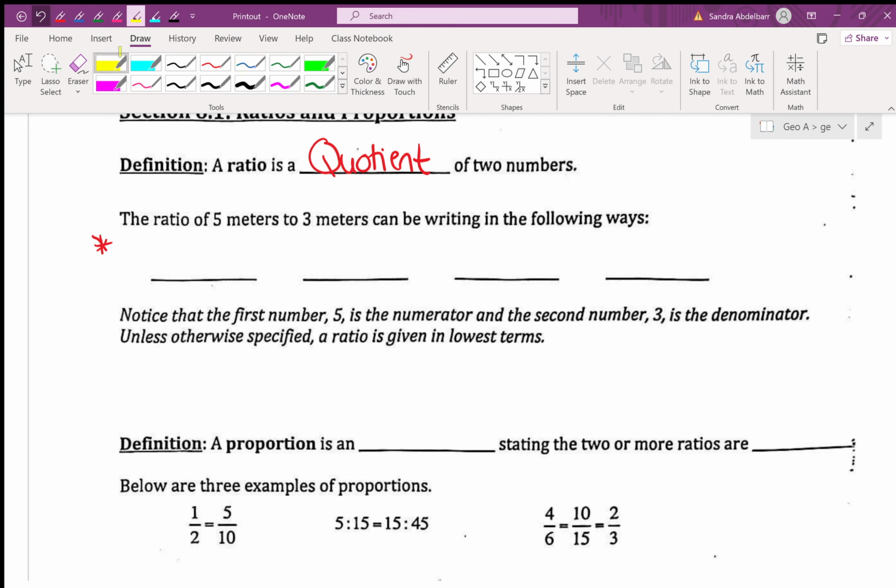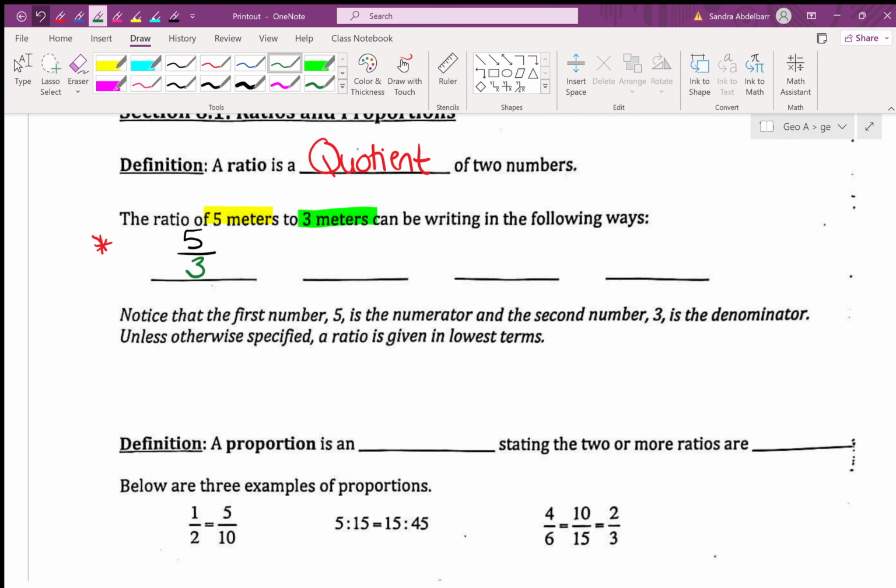Whatever comes first in the written words, that has to be the numerator. And whatever comes second in the written words has to be the denominator. So since it says 5 meters to 3 meters, the 5 has to go in the numerator and the 3 has to go in the denominator. 5 to 3.